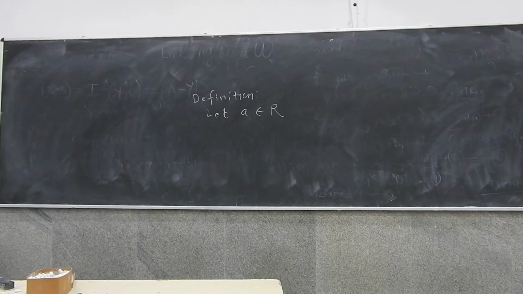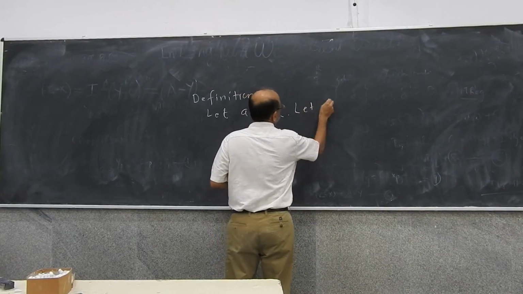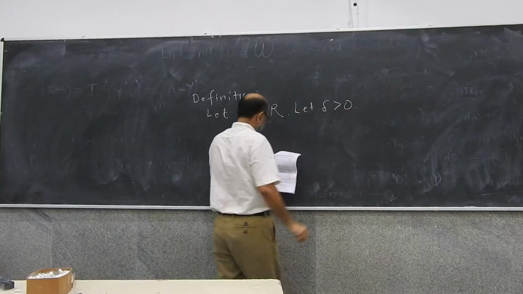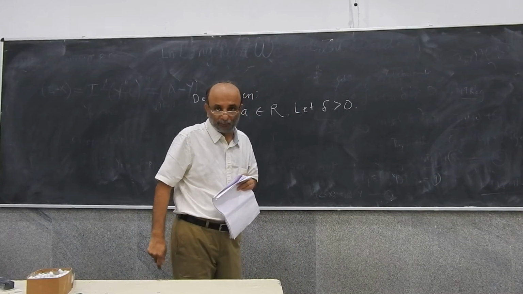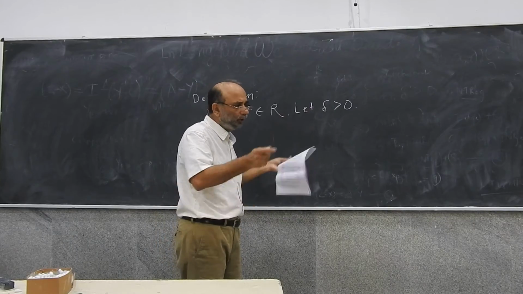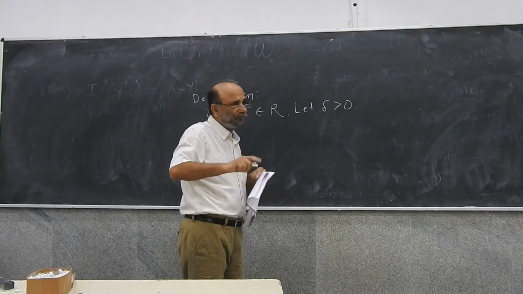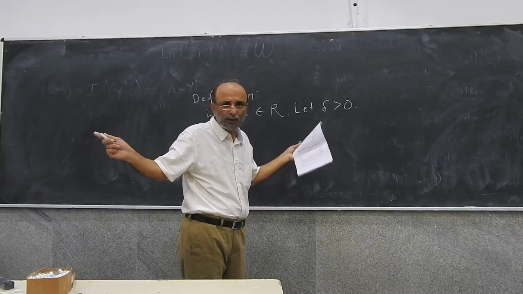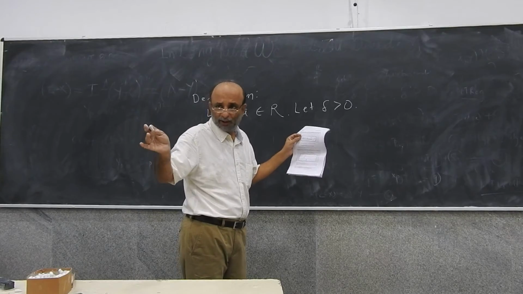A belongs to R, right? Let delta be any quantity greater than 0. Any quantity: 1, 2, 3, 0.01, 0.05, half, 1/3, whatever quantity you choose, as long as it's non-zero and non-negative. It's strictly positive.